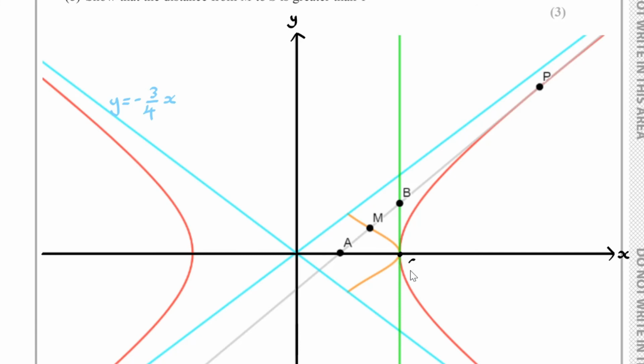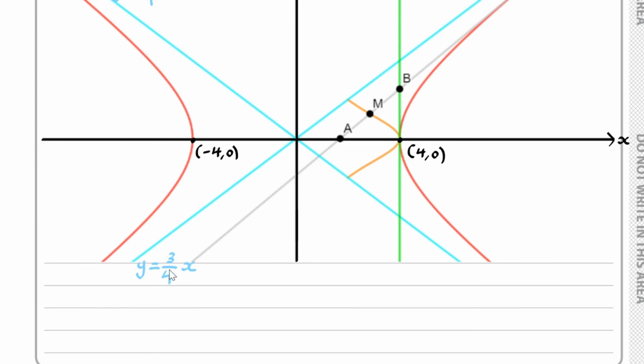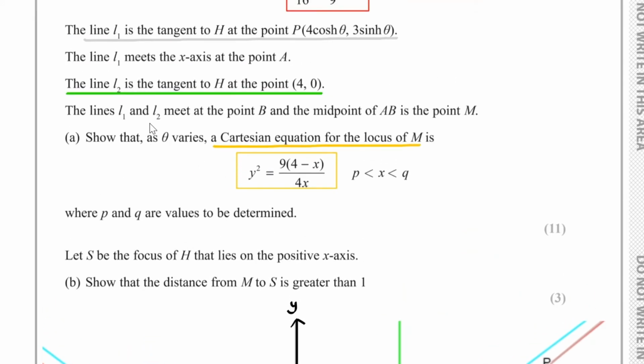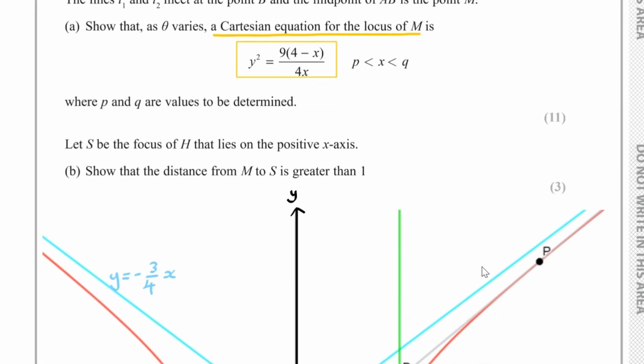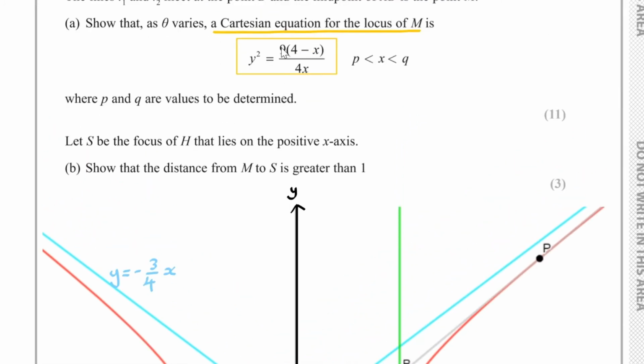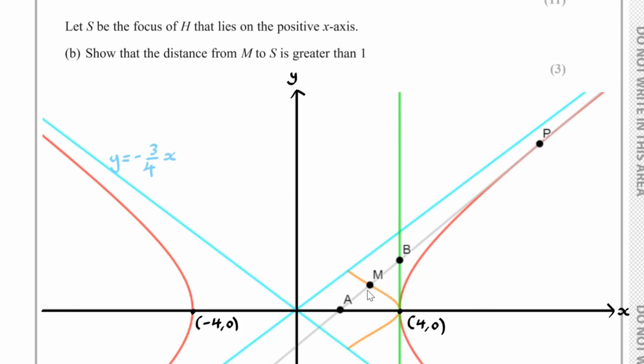So let's just add this on. And here we also have (-4, 0). We've got our asymptotes to the curve, y equals minus 3/4 x and y equals 3/4 x over here. And the lines L1 and L2 meet at the point B over here. M is the midpoint of A and B, and as theta varies, M moves along this line over here.